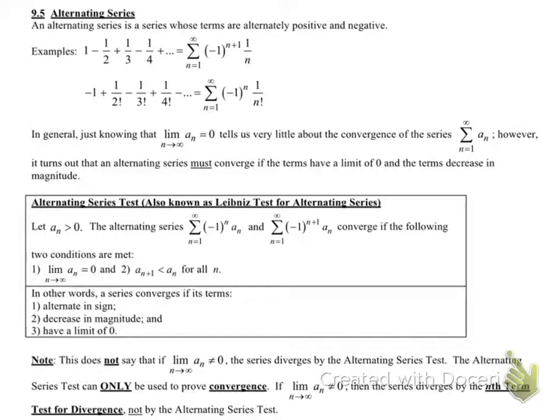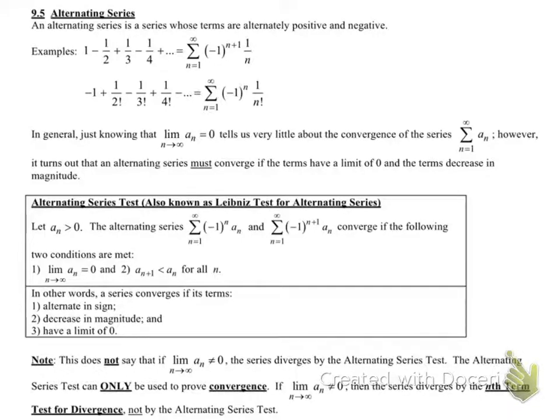Okay, so we're going to start today with alternating series. And alternating series bounce back and forth between the positive and the negative. And remember that in general, knowing that the limit of the terms or the limit of the sequence is 0 doesn't tell us much about the convergence of the series.